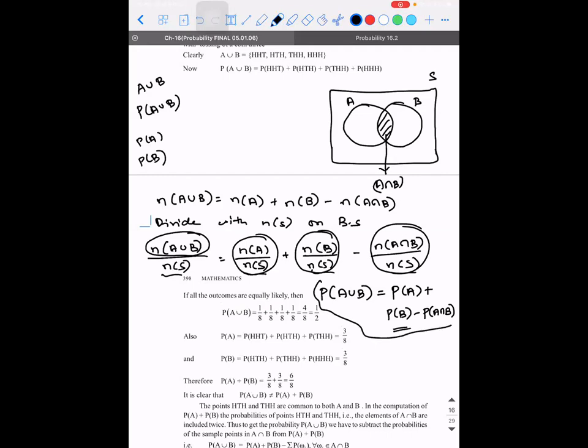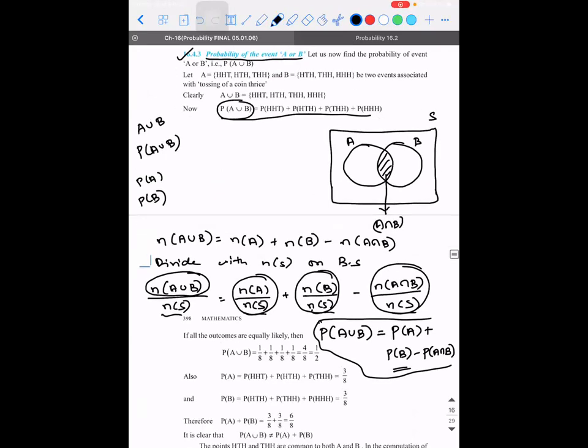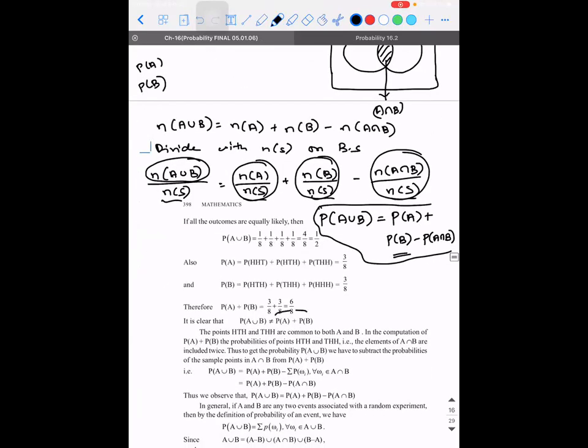So what they would have done in this example is they would have considered an example. They would have proved that probability of A union B is not equal to probability of A plus probability of B, but there is something else. What is that something else? You should subtract the probability of A intersection B. This one, what I explained, is technically called the addition theorem of probability. Please make a note of it.